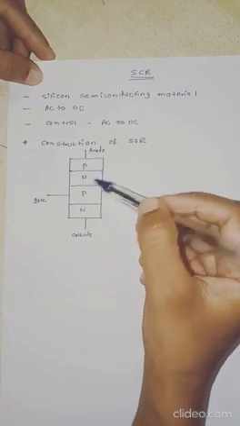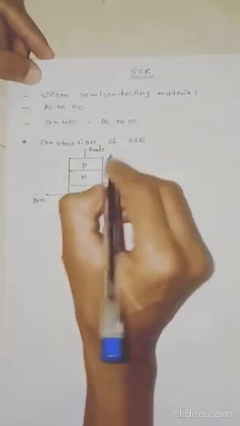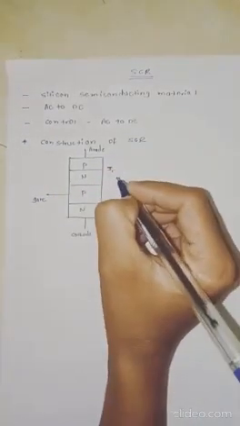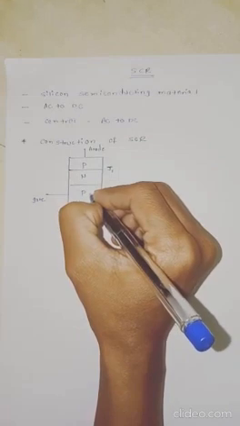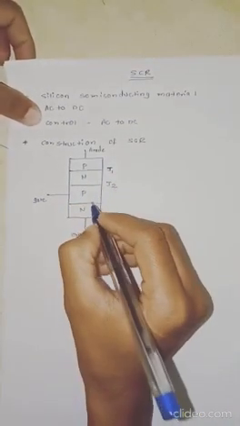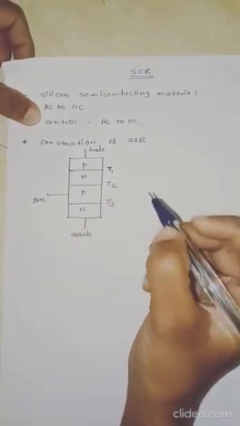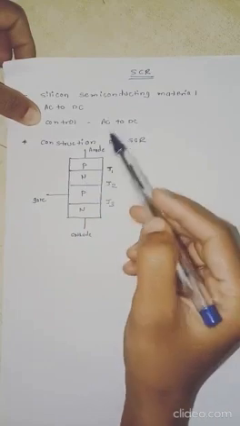There is a junction between P and N region, that is junction J1. There is a junction between N and P region, that is junction J2. And the junction between P and N region, that is junction J3.